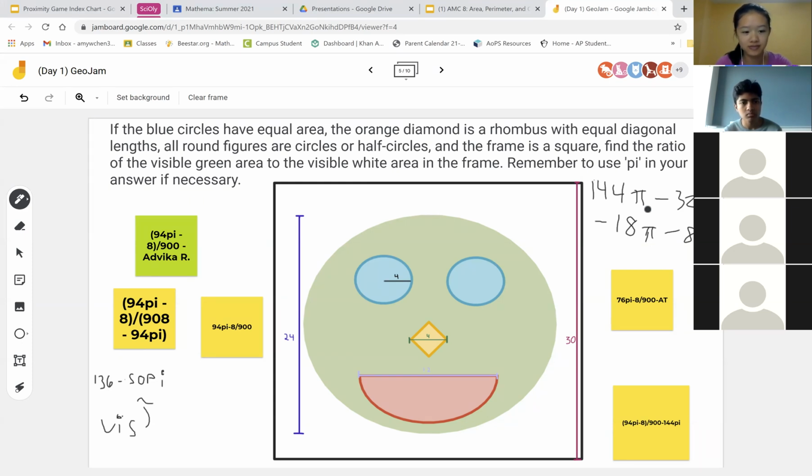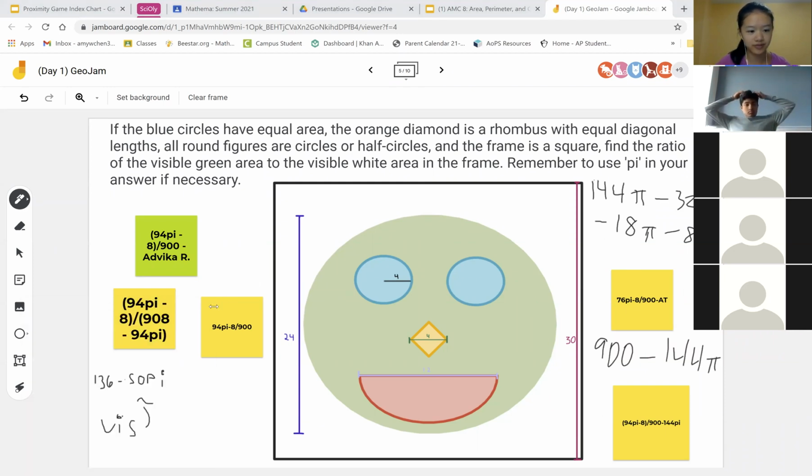Wait, there wouldn't be pi in the rhombus though. Oh shoot, you're right. And then you would find the total white area, and that would be 900. So then you just do 900 minus 144 pi, because that's the only white area that's visible.